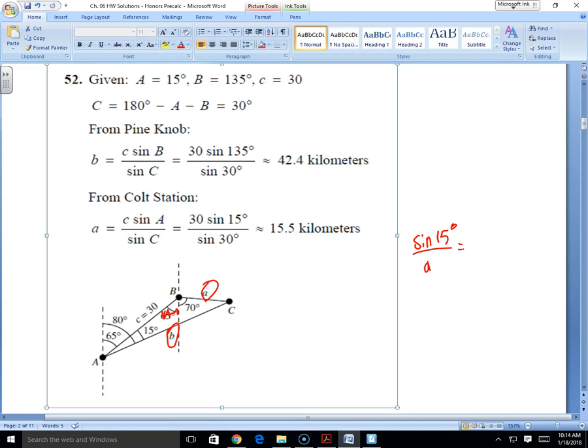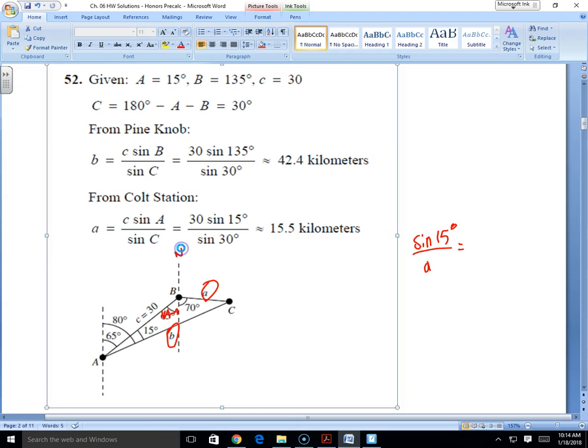Is it 65 next to 70? I'm just trying to figure out where they told you what the line was. Is it just from north south? Oh, it is. Okay. They told us south 70 degrees east.